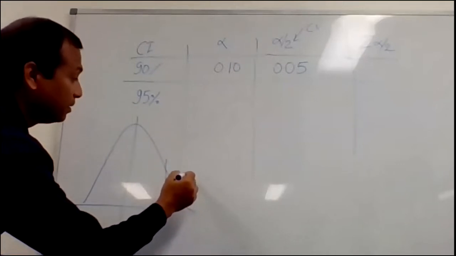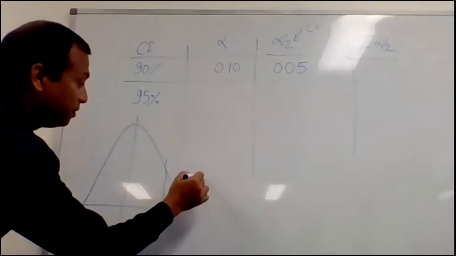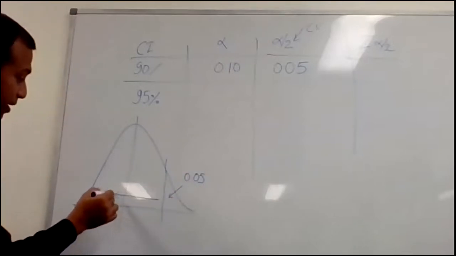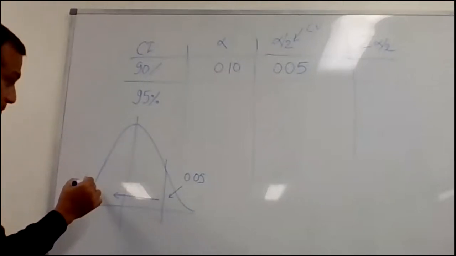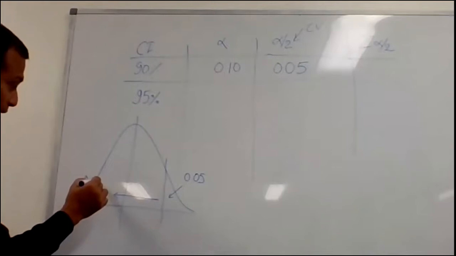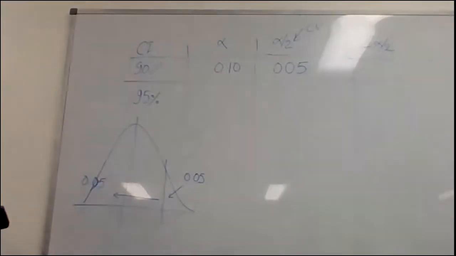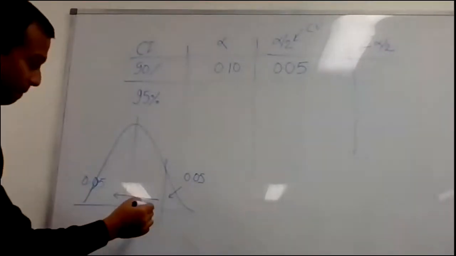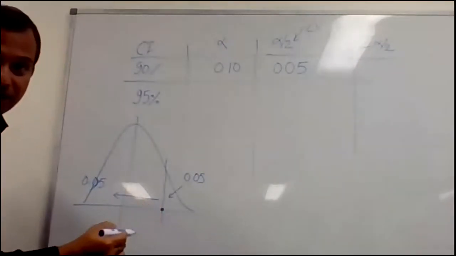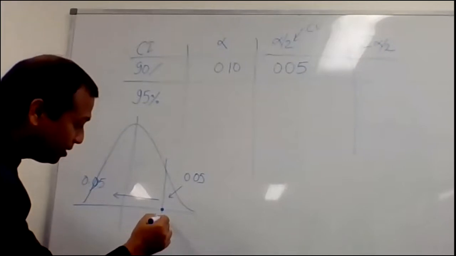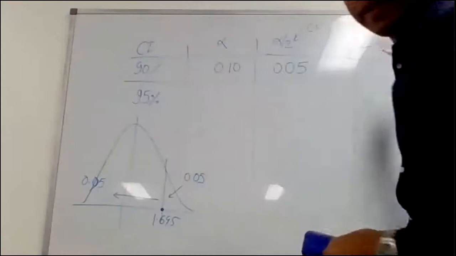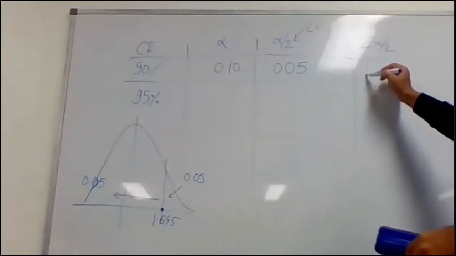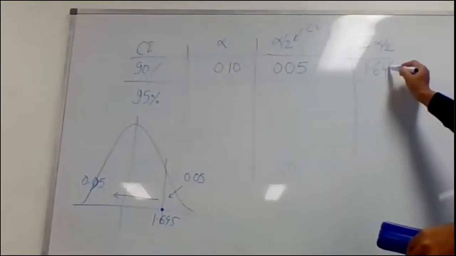The left side area will be 1 minus 0.05, that is 0.95. What is the corresponding Z value? Exactly, it will come 1.645. That's why we have the critical value here, 1.645.